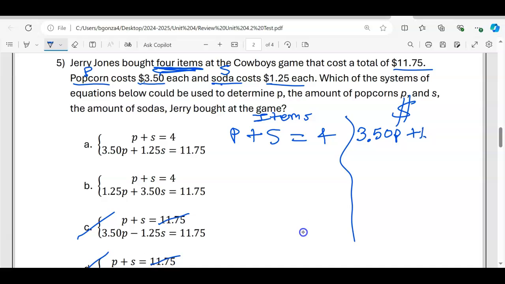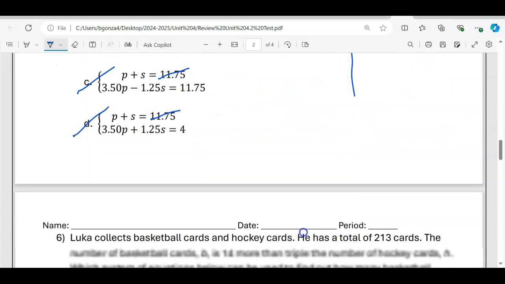So 1.25S, and that's going to equal the total amount, 11.75. Now notice A and B switch them up, but it's going to be A. Cool. You don't have to solve it. That's it. You're setting them up.